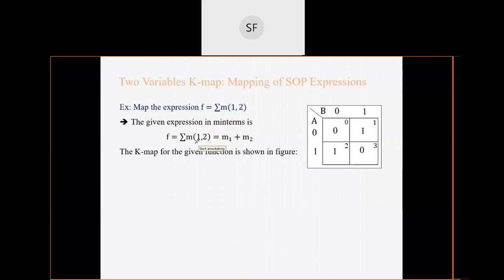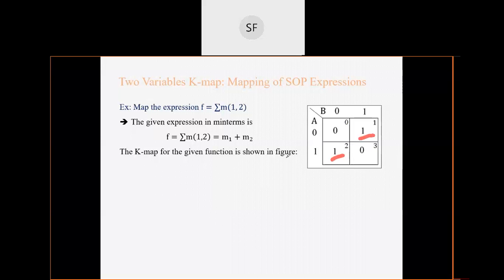Now only 1 and 2 are present, so we are writing 1 here and 1 here. Only m1 and m2 are present, so we have given 1 1 here, and 0 and 3 are absent, so we have written 0 0 here. You can keep it blank also, no problem, but generally we give 0 0 here.